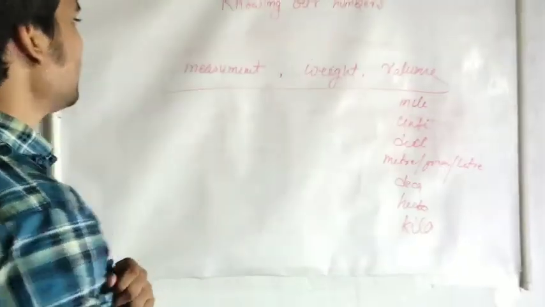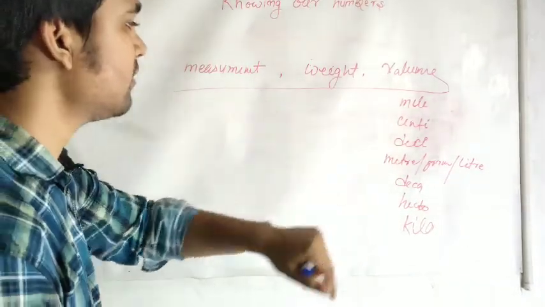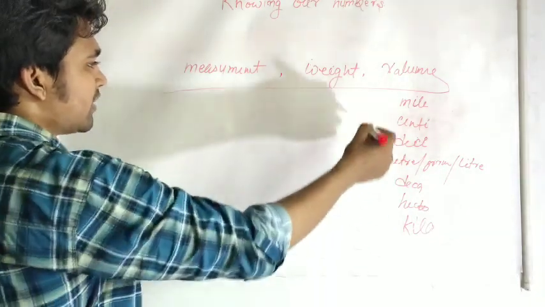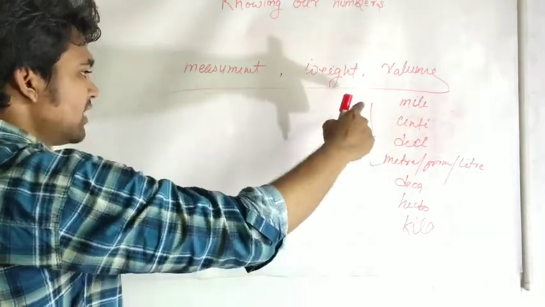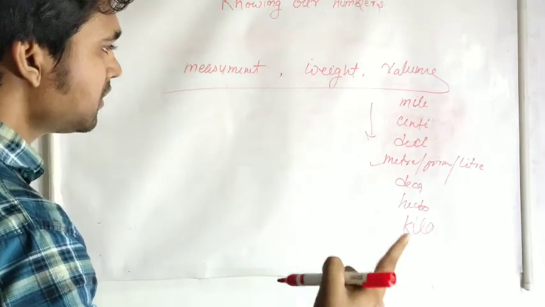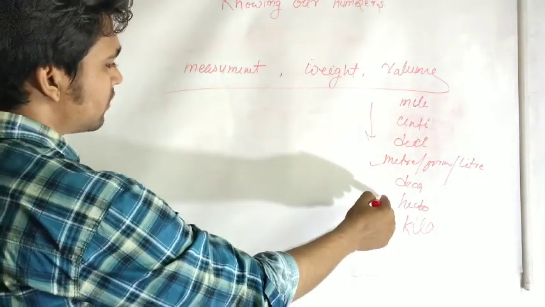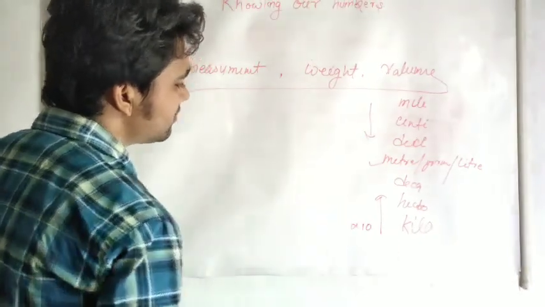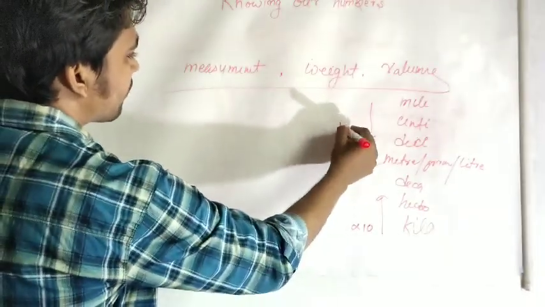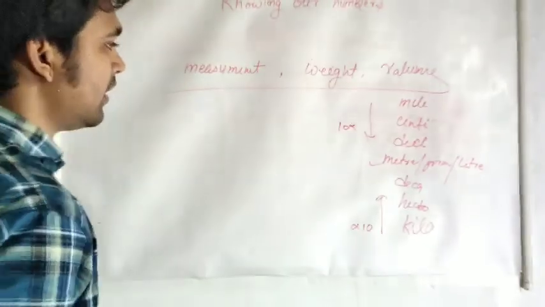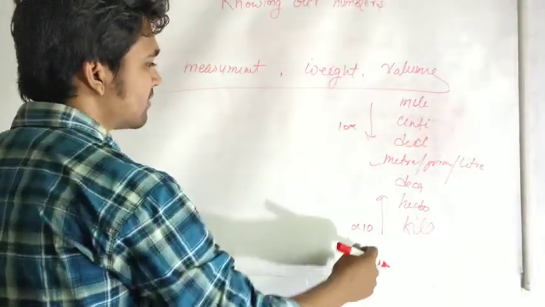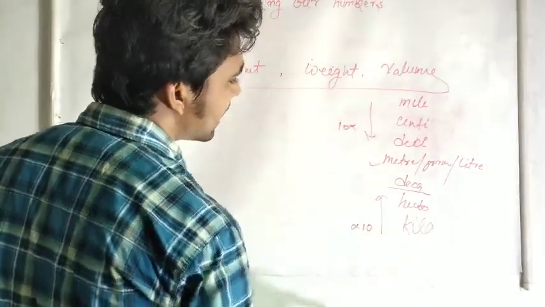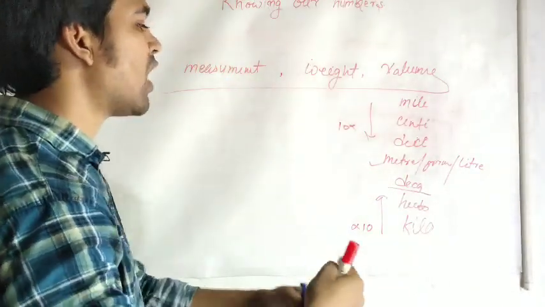So for example, if we are measuring length, then we will use meter. I have already told that when we go to the lower side, then the number will decrease 10 times, and when we go up, then the number will increase 10 times. So here let me take an example: we have to find out how many meters are equal to 1 decameter.